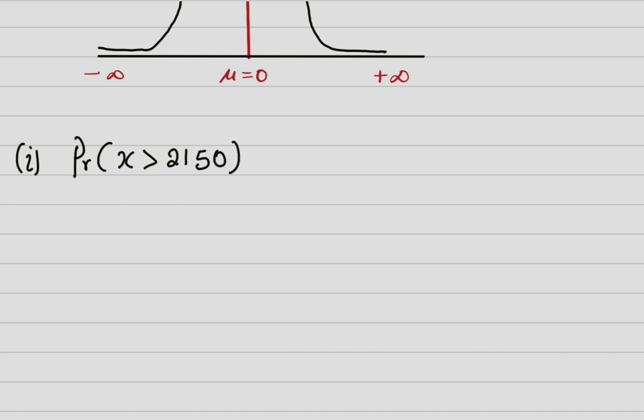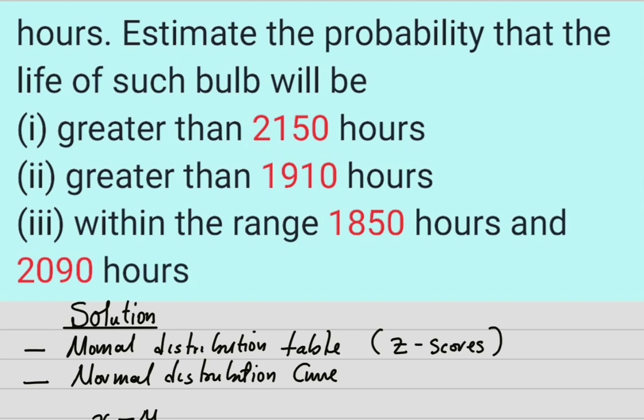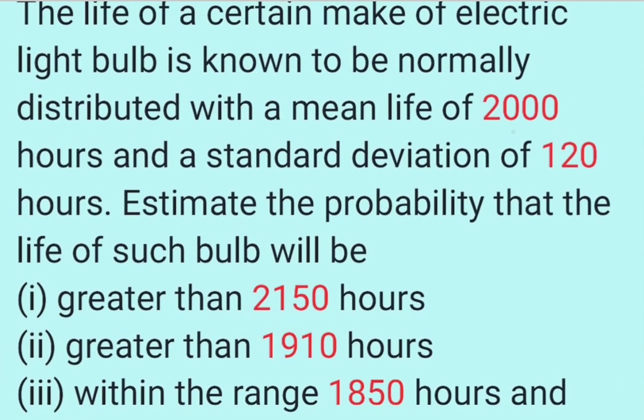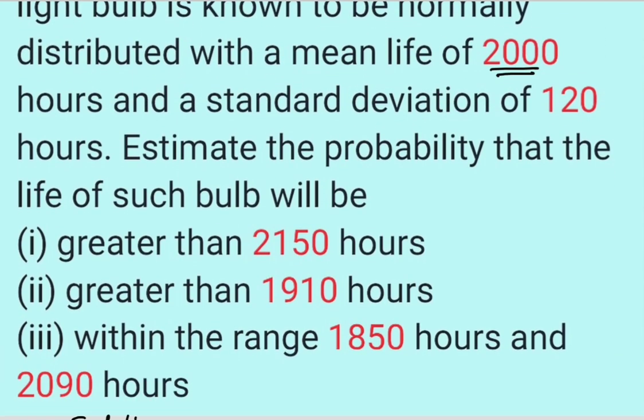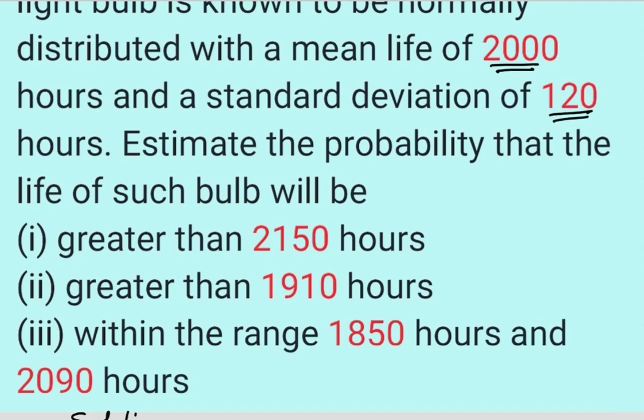Now, we need to standardize the score, so z is equal to x minus mu all over sigma, which is the same as 2050 minus 2000 over 120.